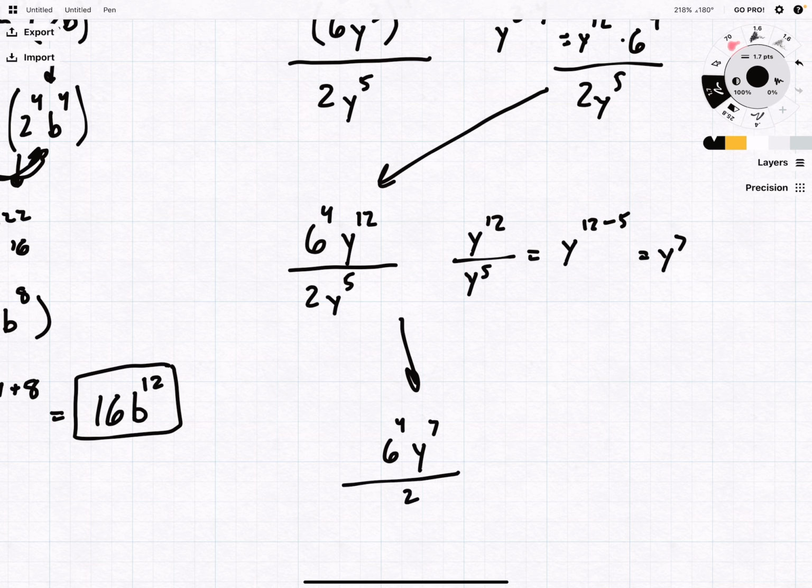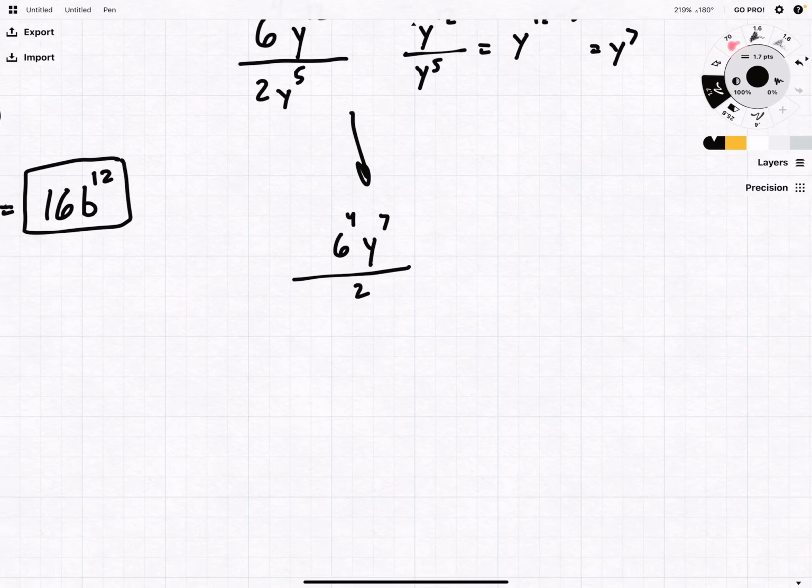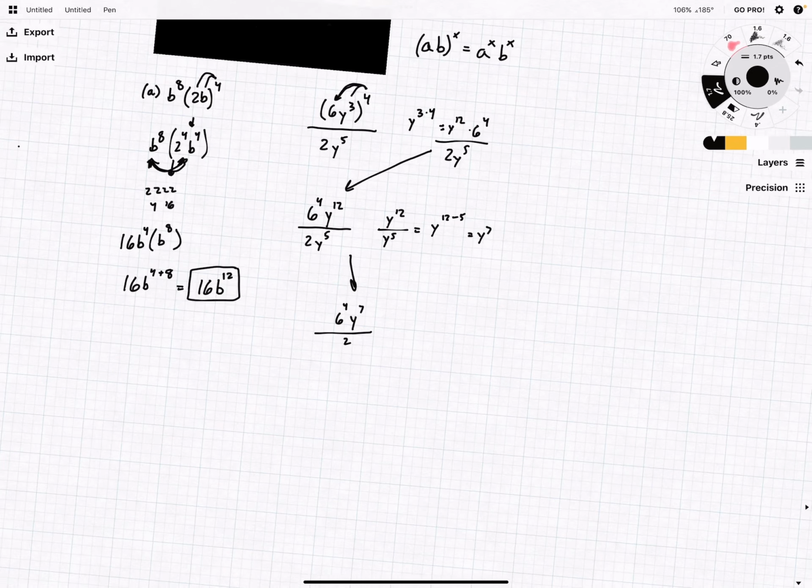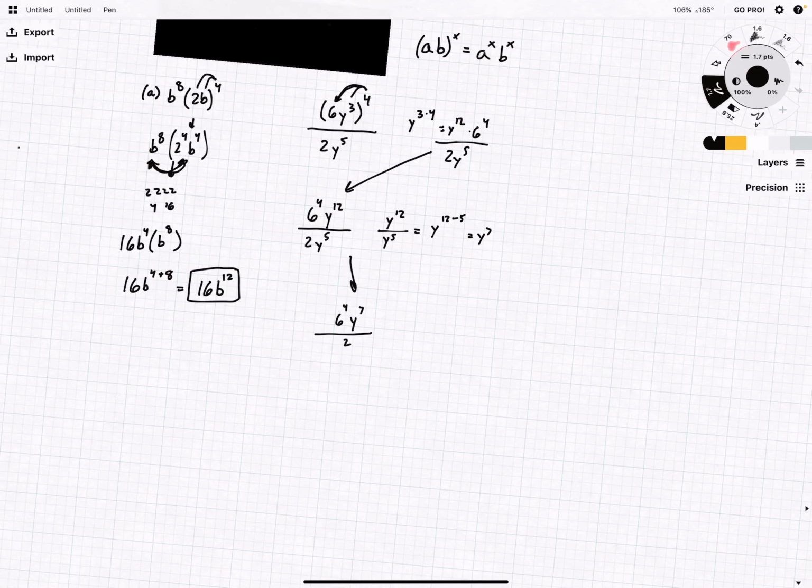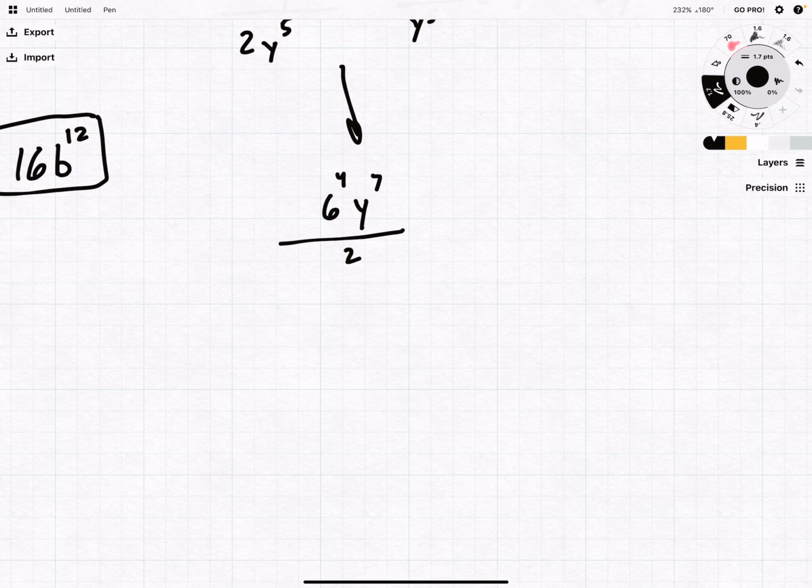Now if you are allowed to use calculators, you could just calculate 6 to the 4th and call it a day and divide it by 2. The hard thing is 6 to the 4th is equivalent to 36 squared, and I can't quite do that one in my head. So instead, we can use one of these exponent laws, the (ab)^x equals a^x b^x.